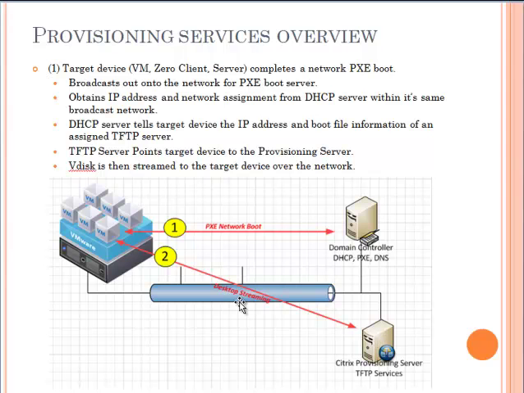then obtain its virtual disk and start streaming its virtual operating system disk across the network back locally into its memory. And from the local end of the VM, it will look as if it's actually booting to a local disk. So all these steps are really done within a matter of seconds.